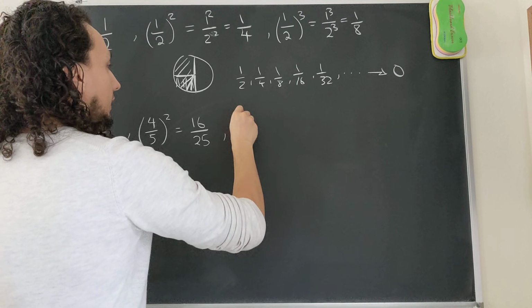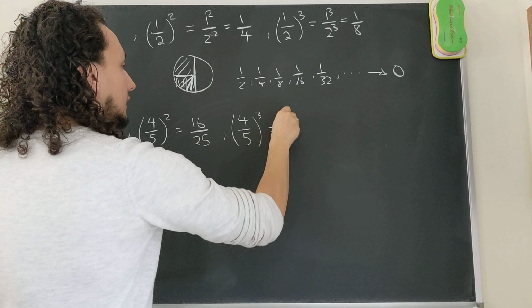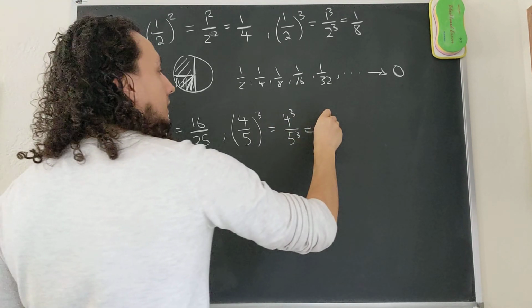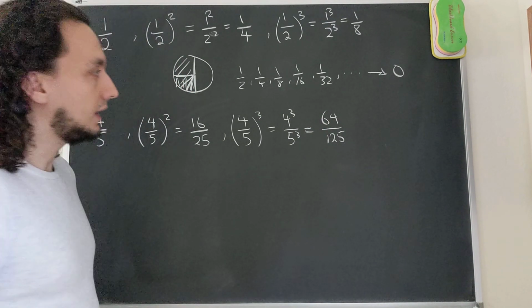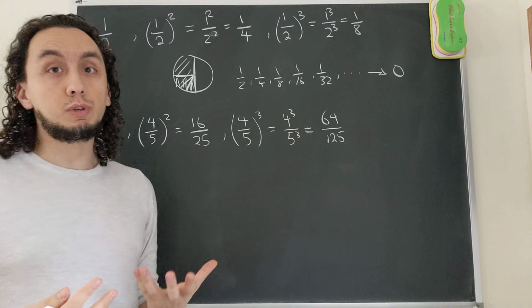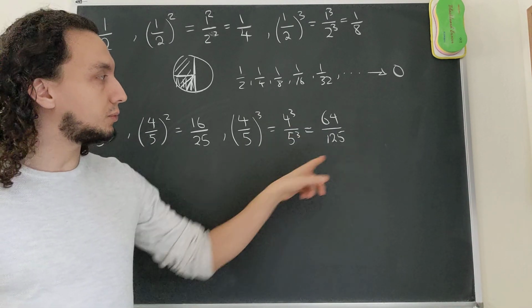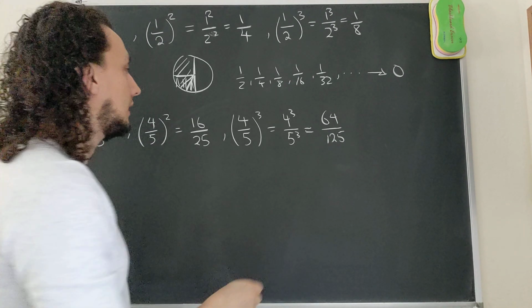What about if I cube it? 4 over 5 cubed, that's going to be 4 cubed over 5 cubed. That's going to be 64 over 125. Now I've got something which is close to a half, right? 64 times 2 is 128. So this is a bit more than a half, very close to a half.